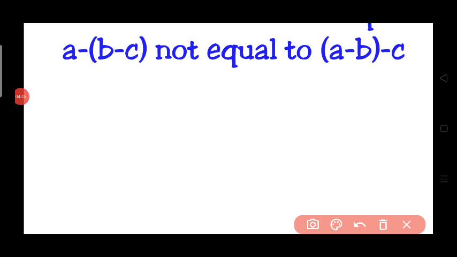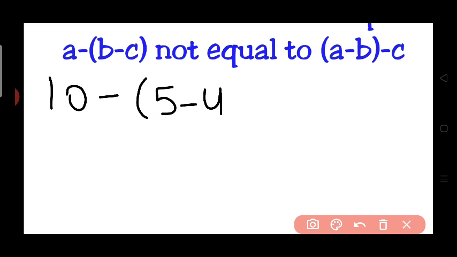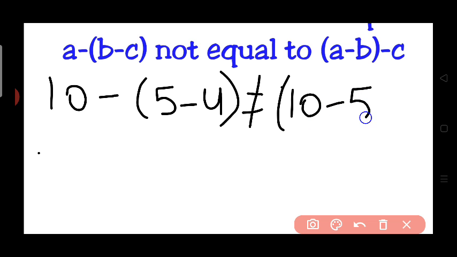Suppose we have 10 minus (5 minus 4) on the left hand side, which is not equal to (10 minus 5) minus 4.